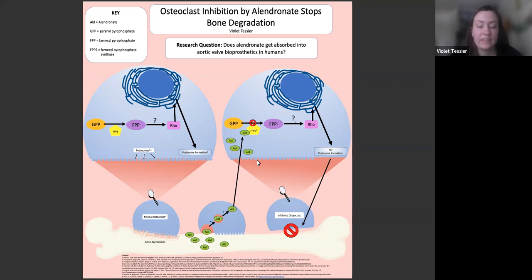These drugs slow down the amount of bone that's broken down, and then the osteoblasts can lay down more bone and keep people's bones stronger and prevent them from fracturing.